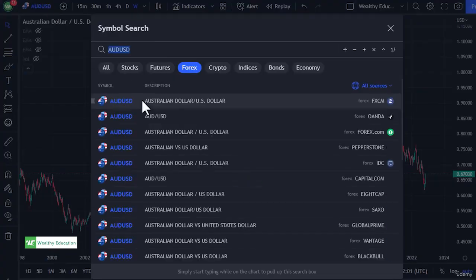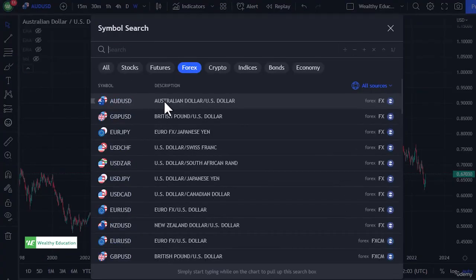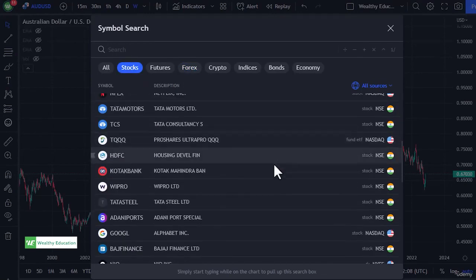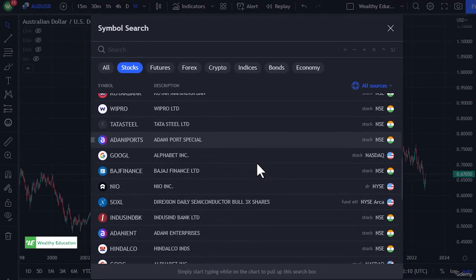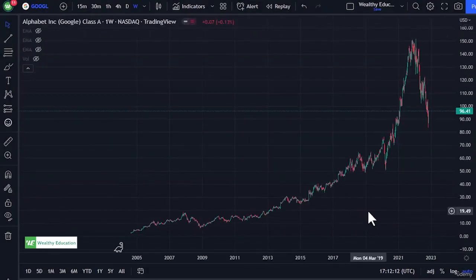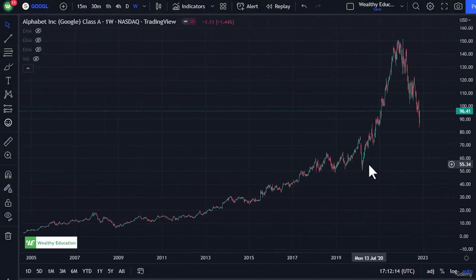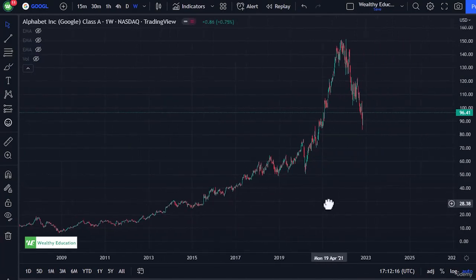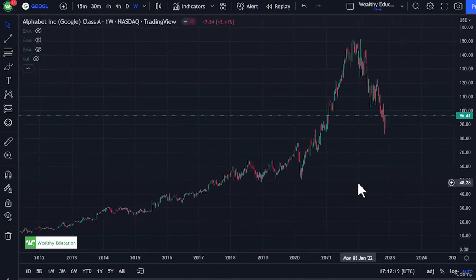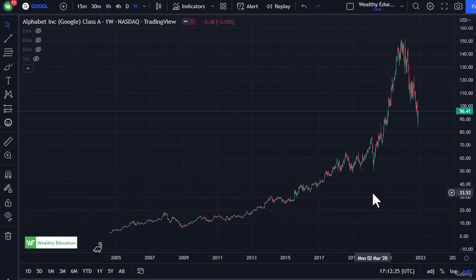It'd be a little harder with crypto because crypto's so new, but I'll just go into a stock, something with a long history of trading. Okay, Google. Google's been in an uptrend forever, right? So that being said, until recently, until late '21, for the most part, if you bought Google, you made money.